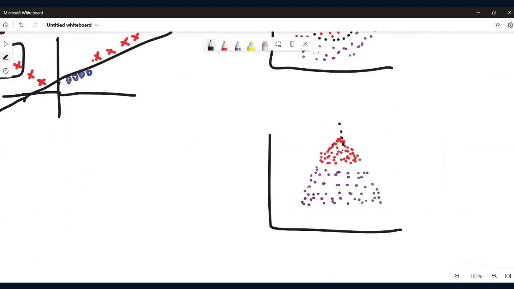This is the center line. This is the data that is increasing in distance from center. So you can see now there can be a plane which can divide this data into 2 categories.